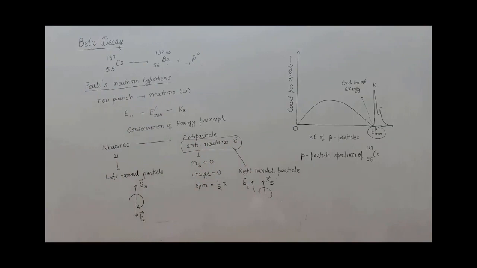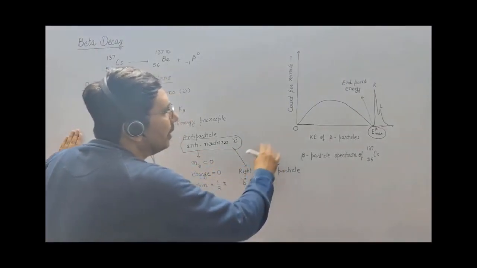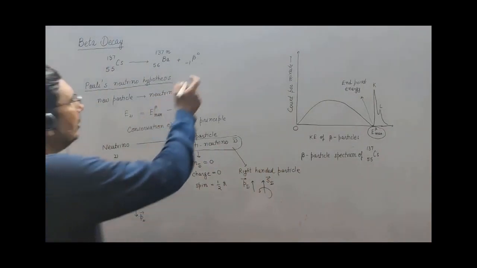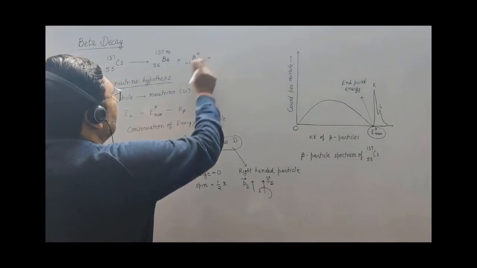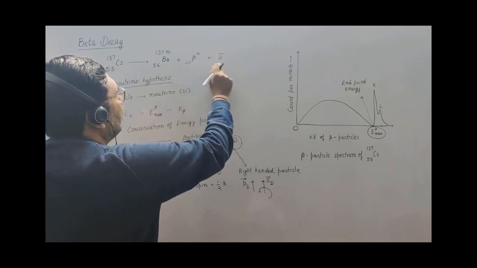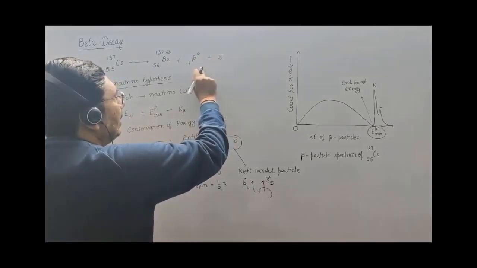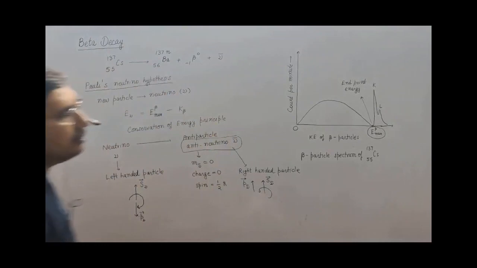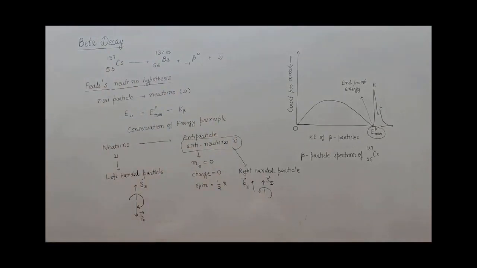So on the basis of these particles, neutrino and antineutrino, Pauli has explained all the four problems which we have faced in explaining the continuous spectra exhibited by the beta particles. Now, by including this particle here, this electron, this beta minus particle, there will be an associated emission of antineutrino.